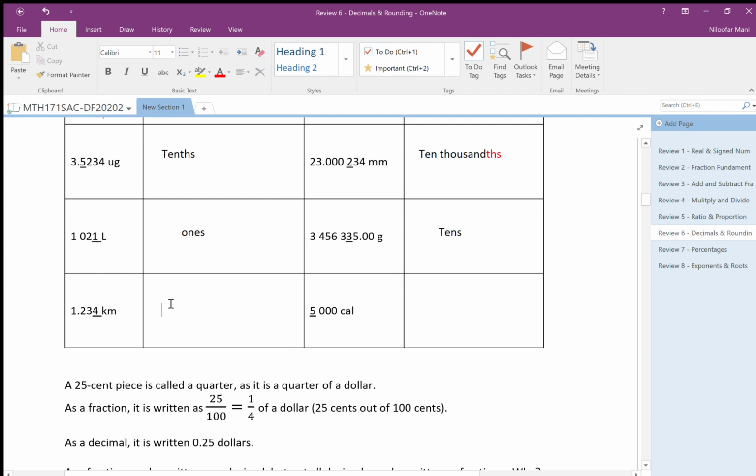Remember, I start from tenth, then I go to 100th, then I go to 1,000th. Thousandths. And this one? I start from 1, then I go to 10, then 100, then 1,000. So it's 1,000.